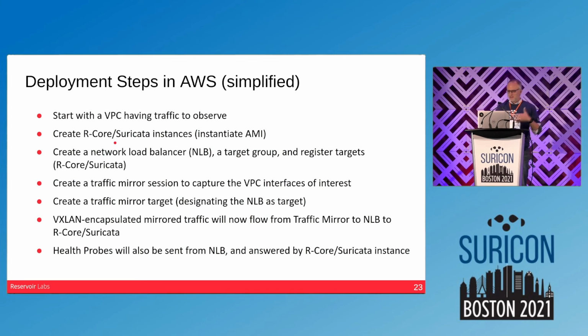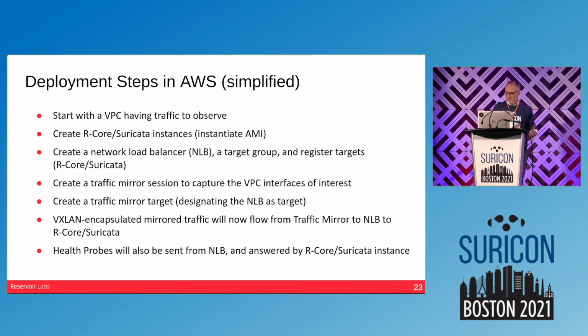So you have, again, two kinds of instances: the ones you're trying to monitor, and the instances where you're running the Suricata sensor. And then you create an NLB to connect both, basically. And then, as mentioned before, you have to create a target group where you register your targets, basically the Suricata instances. So the Suricata instances belong to the target group, and then you associate the target group with the NLB.